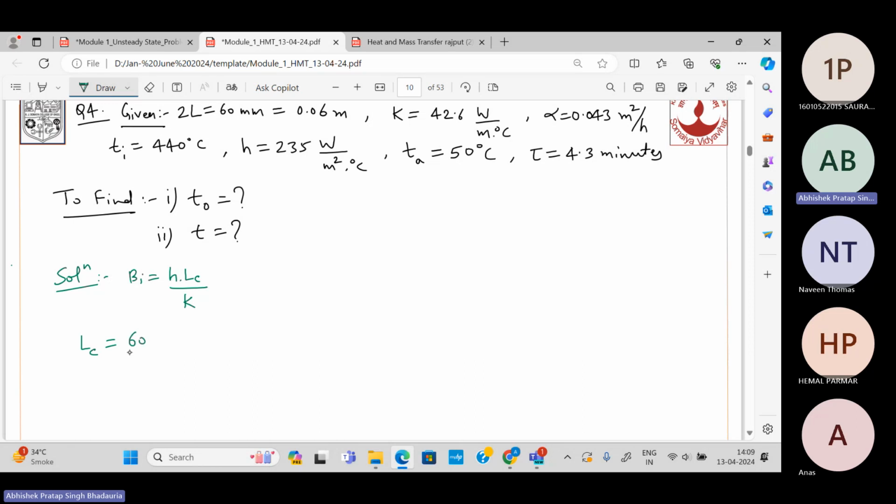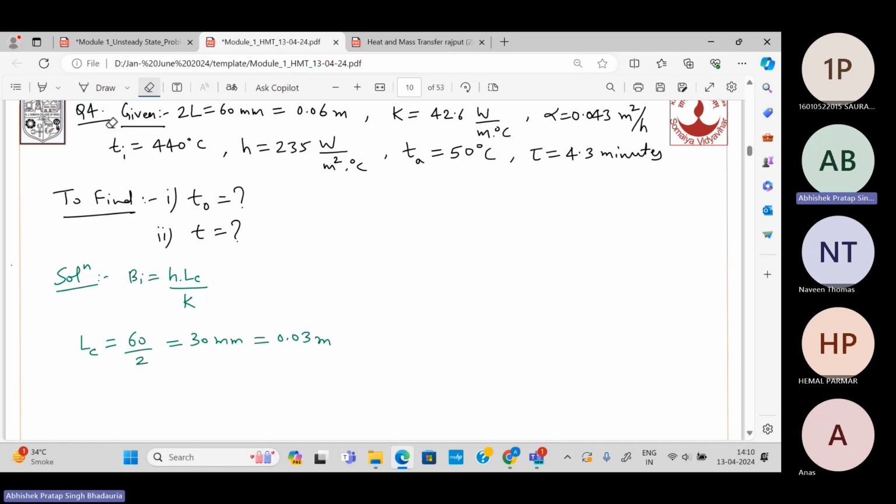That is 60 by 2, that is 30, which means it is equal to 0.03 meters. Now the Fourier number. Let's solve this first, and then we'll go ahead later with the other numbers.